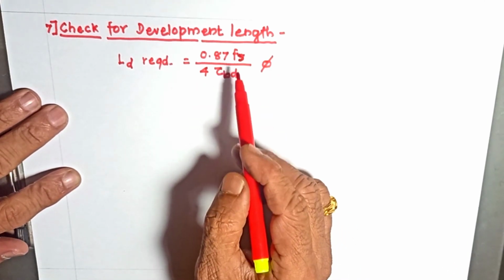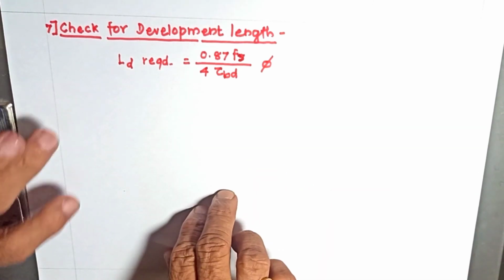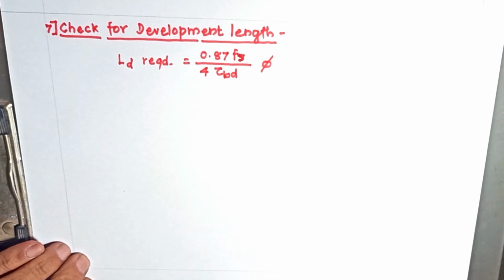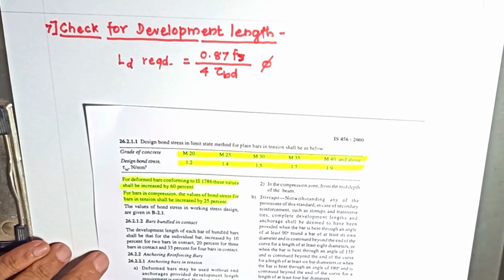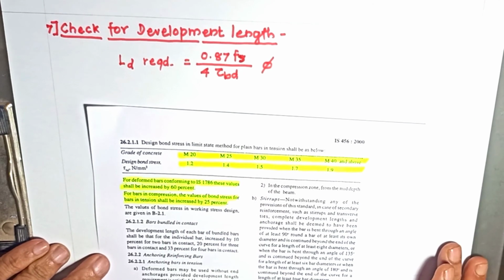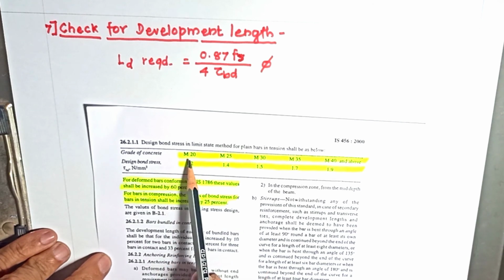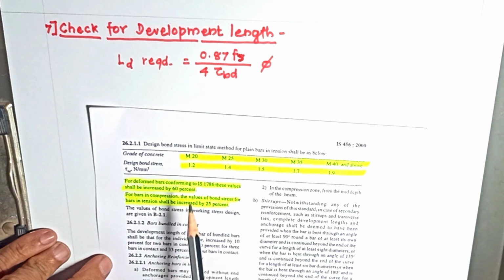Okay. So Fy we know. Now what is tau BD? Now for this tau BD, again we will have to see page number 43, clause number 26.2.1. This for a grade of concrete, tau BD is given. You can see here our grade of concrete is M20, so this is design bond strength is 1.2, but this is for plain bars.